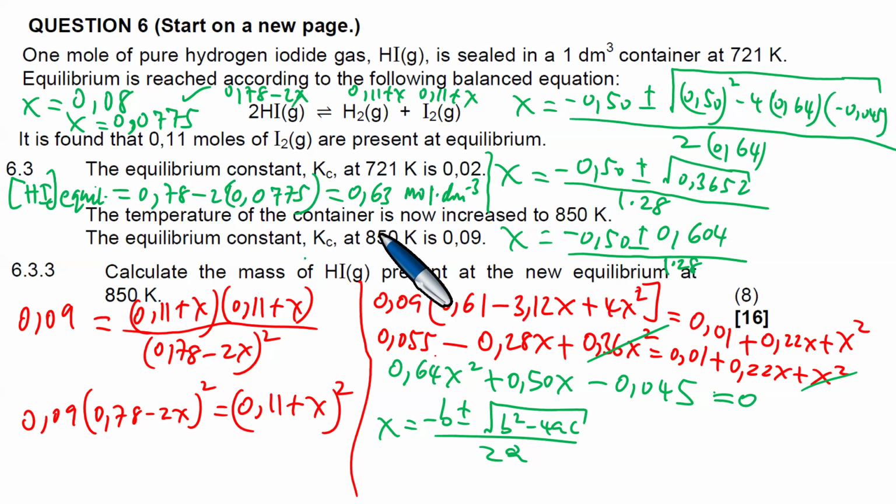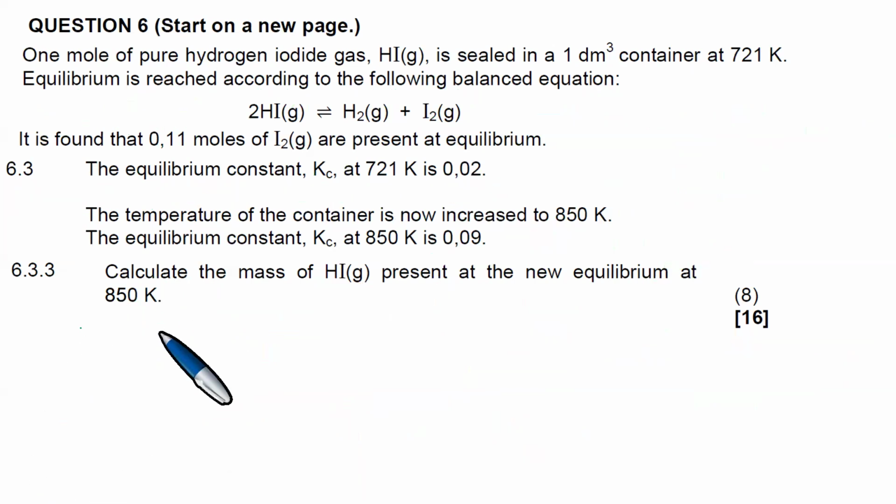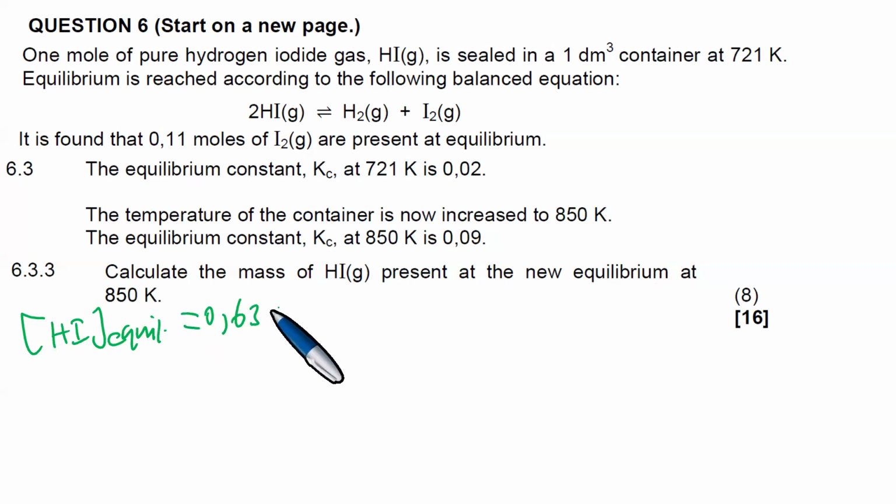Okay, this is the equilibrium concentration of hydrogen iodide. It is 0.63. But we don't want just these. We want the mass. So we have got the concentration of hydrogen iodide at equilibrium, and it is actually 0.63 moles per decimeter cubed.